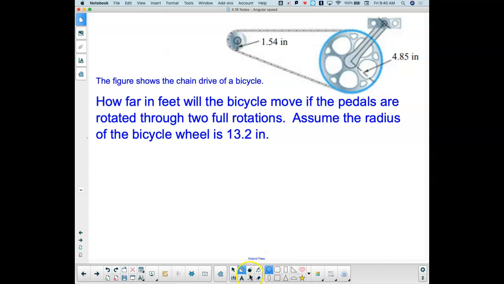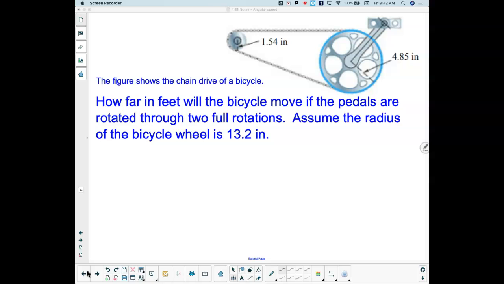Oh, we have these inches done. So the tire was 4 pi. So the question is, where do we start? 2 full rotations, right? Or 2 revolutions, right? That's all we can say, right? Is 2 revolutions.